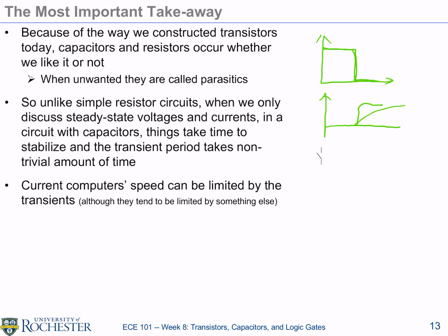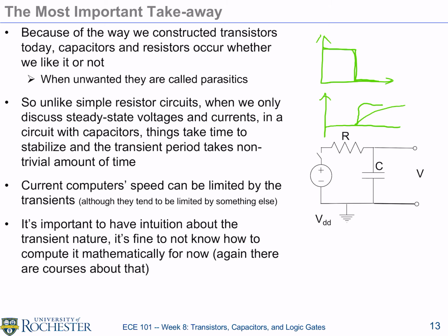So the computer speed is limited by the transient, and that's the most important takeaway. This is really what's happening. We need time to charge the next stage's capacitor, and sometimes we need time to discharge them so that they can drain, and it would be the same thing. Suppose the output voltage is high and we made it go low, it's not going to go straight down.